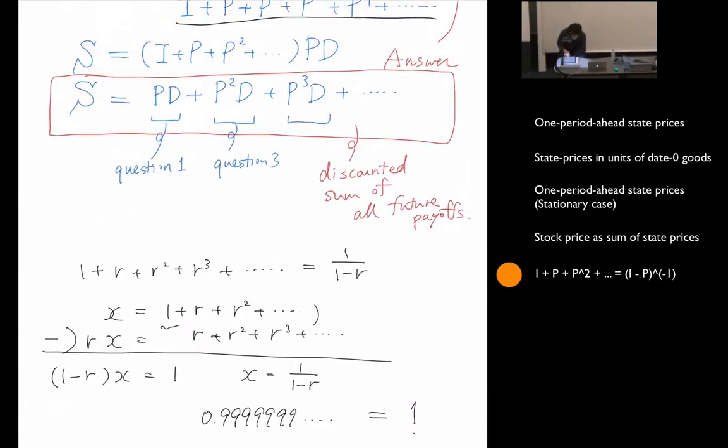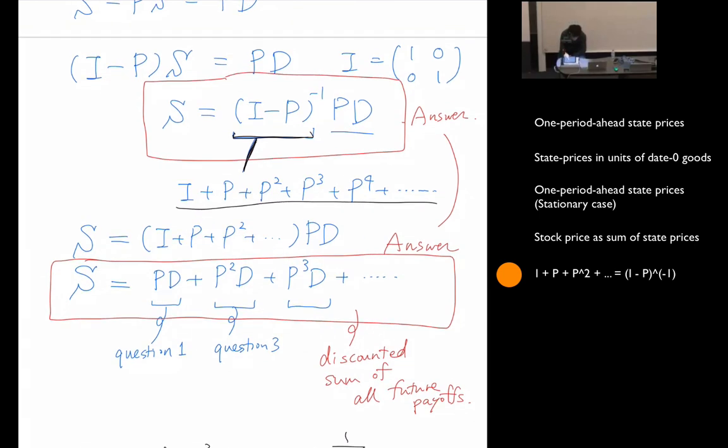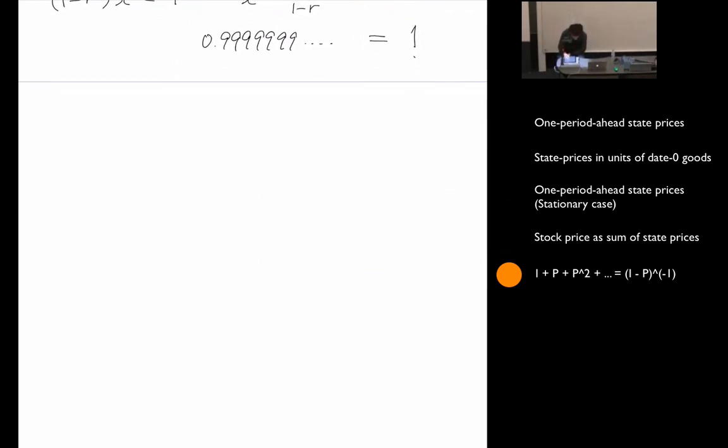Now the proof for this one, P is a square matrix, but the proof is almost identical. So let's say X is I plus P plus P squared and so on, where I is the identity matrix and P is another square matrix. Suppose X is this, and suppose the right-hand side is not infinity.